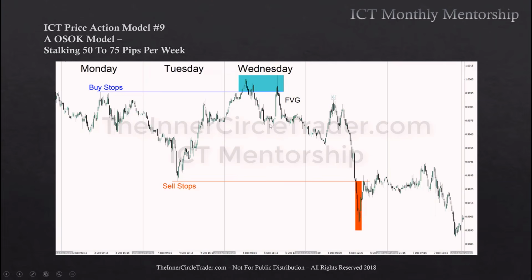But as it drops down, you're going to hurry up and jam your stop loss to break even. If you do, and you're trying to trade the weekly range, this is what happens. You get knocked out of the weekly range expansion before it actually happens. So when do you take your stop and bring it down to a logical level? When a scalper or a day trading model is profitable.